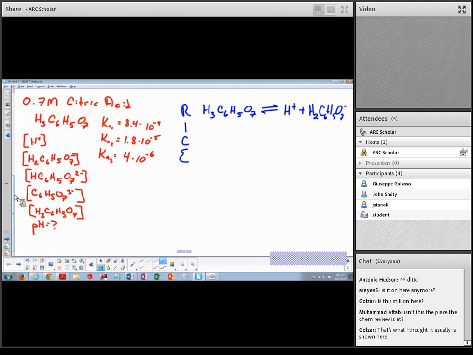So initially, what's my concentration of my acid? 0.7. Okay, what about my H plus? 0. None of it's been produced yet. What about my conjugate base? Also 0. Okay, so we're going to get plus X, plus X, and 0.7 minus X, X, X. You guys are kind of used to this now.